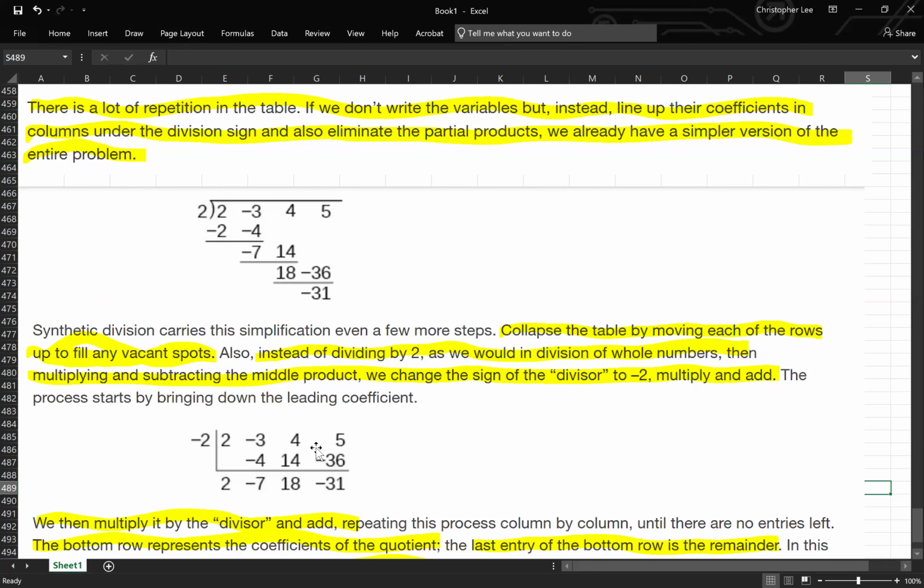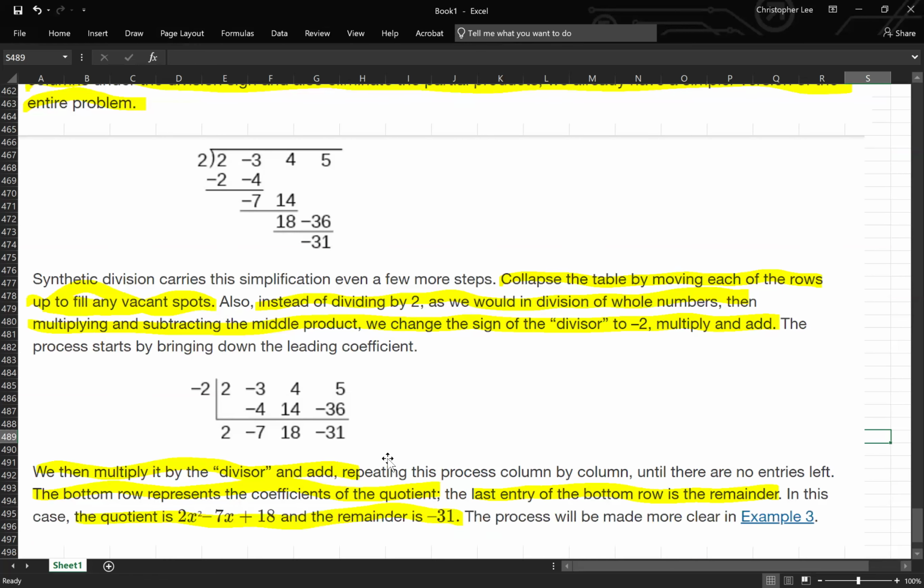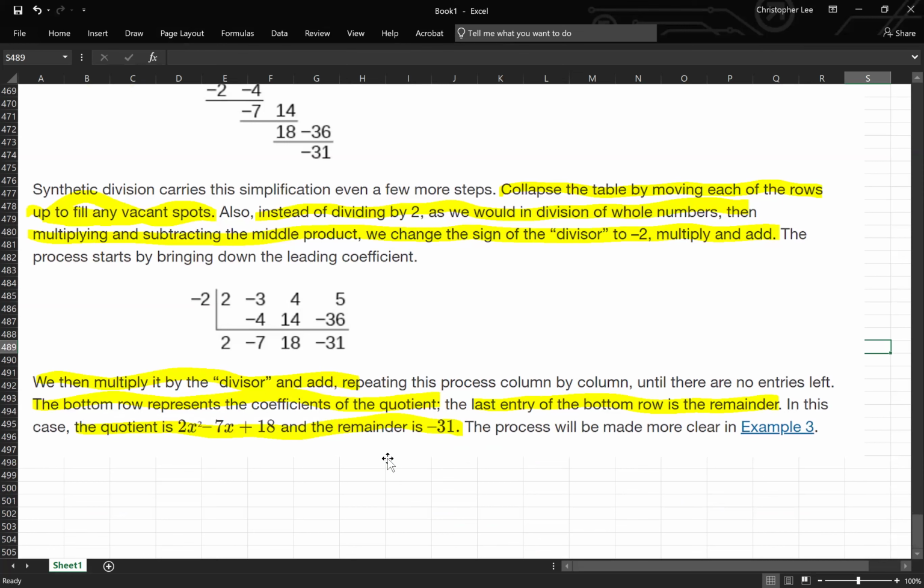But because it's a remainder of 31, it's not. So we multiply by the divisor and add, repeating the process column by column until there are no entries left. The bottom row represents the coefficients of the quotient, and the last entry of the bottom row is the remainder. In this case, the quotient is 2x squared minus 7x plus 18, and the remainder is 31.